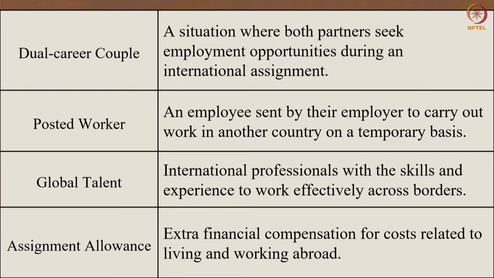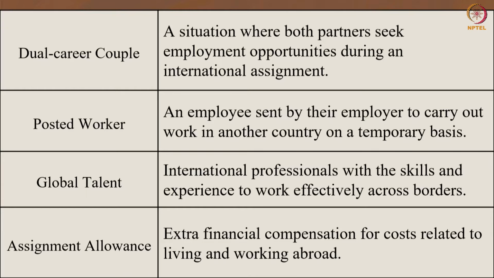Let's get familiar with these terms. Dual career couple, a situation where both partners seek employment opportunities during an international assignment. We have posted worker, which means an employee sent by their employer to carry out work in another country on a temporary basis.